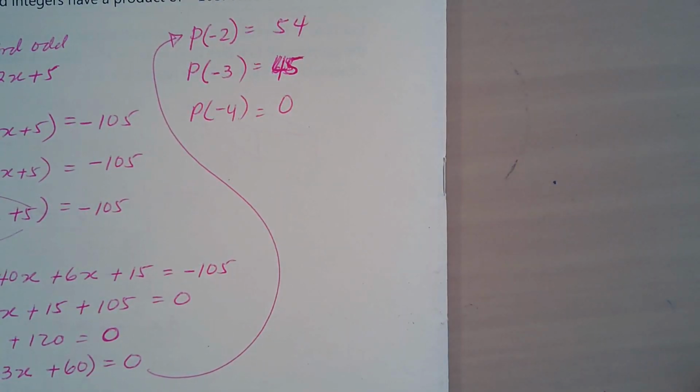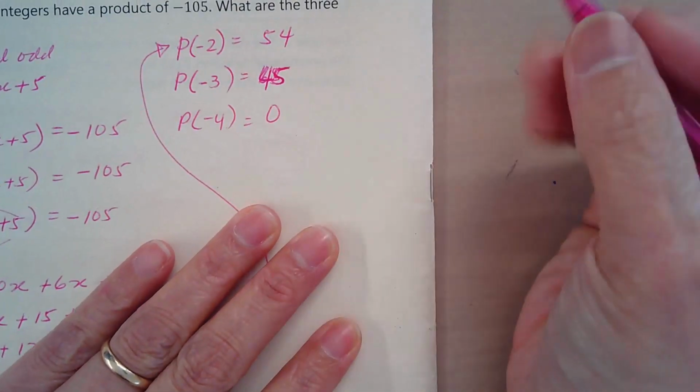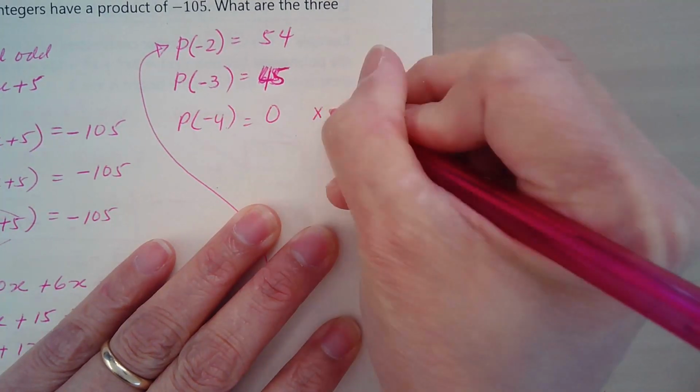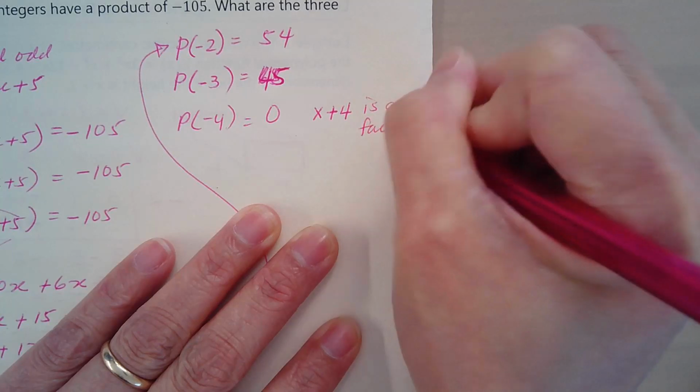Okay, so negative 4 works. So what does that mean? It's a factor. Therefore, x plus 4 is a factor. Okay, we found one factor.